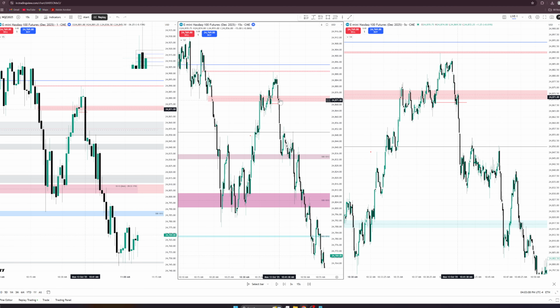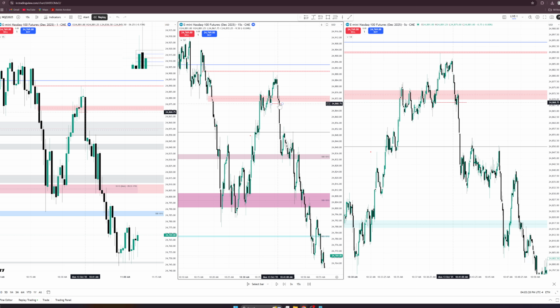This is the indication that we have a shift in market structure, and you can see this bearish fair value gap I have extended. Once we closed below 50% of this bearish fair value gap, the bodies of the candle never went above 50% of it.